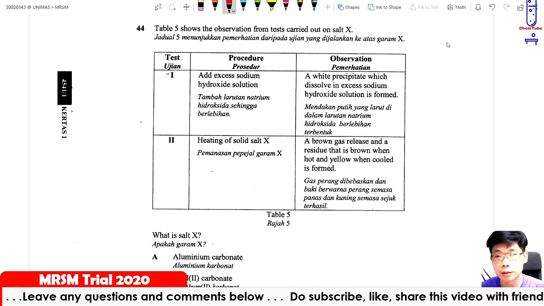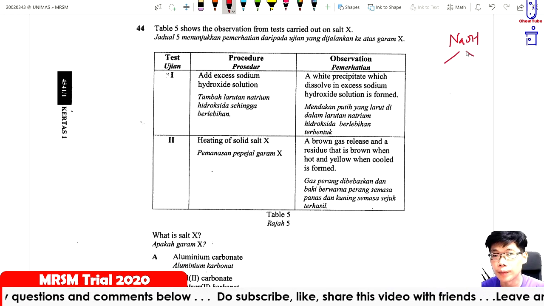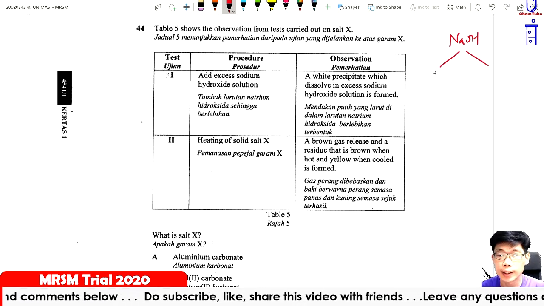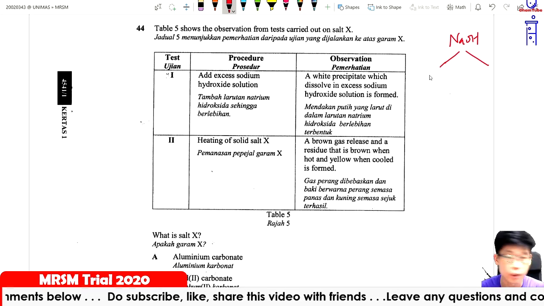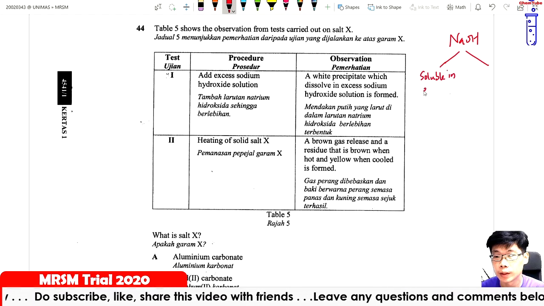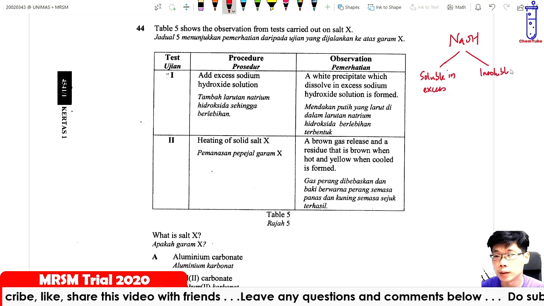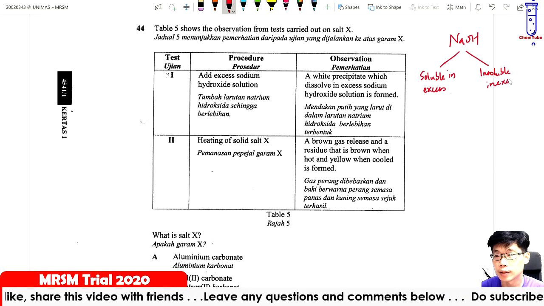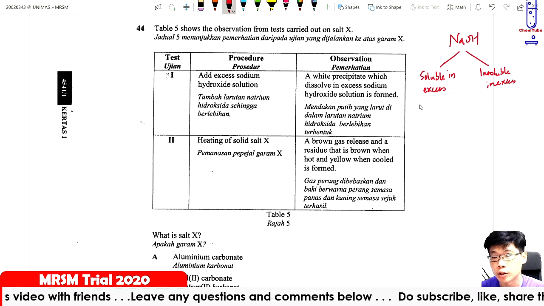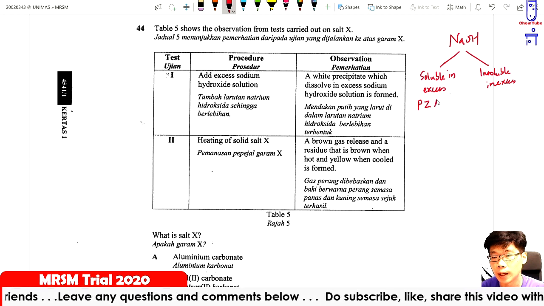So for the sodium hydroxide, we have two possibilities: soluble in excess, and insoluble in excess. Soluble in excess, as I mentioned in other videos, is PZA.